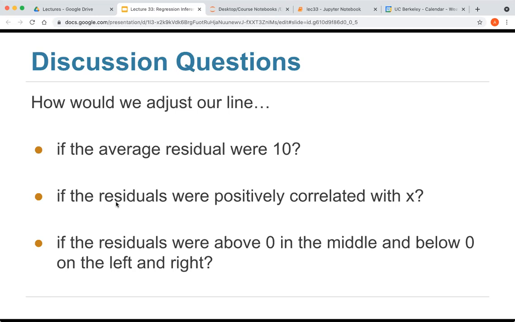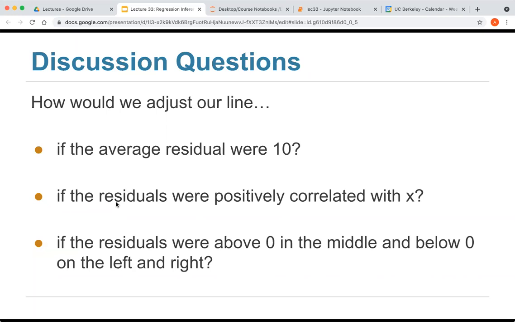Okay, what is the difference between error and residual? That's a very good question. We use the term error when we're using a line that is not any arbitrary line. Residual is very much tied to the regression line. Positive correlation is not a pattern, it's a trend.